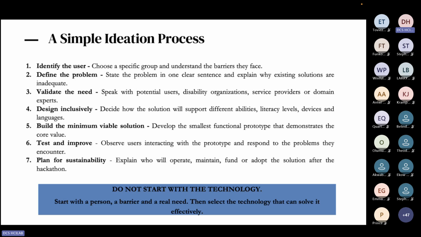Of course, at each stage where we need specific details from you, we would request that of you. So ultimately, do not start with thinking about the technology. Start with thinking about a person, a barrier, and a real need, then you can select a solution that can solve that problem effectively.